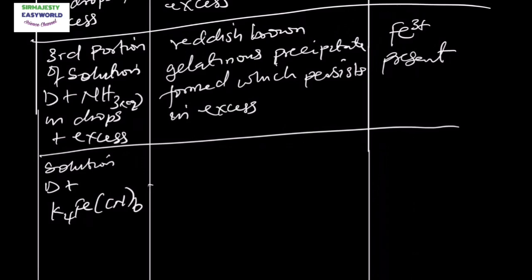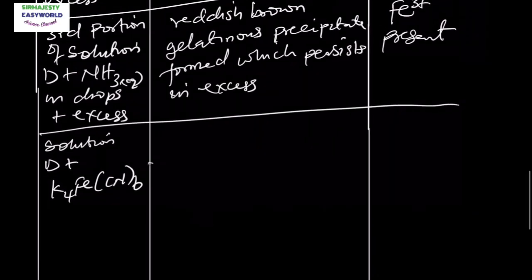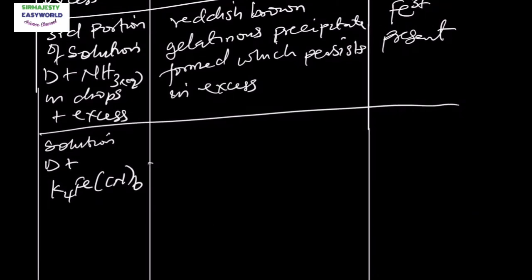I'm looking at it as if it's a mistake, but let's work with what they provided. This is K3. In practical, hexacyanoferrate 3 itself is yellow, while the iron 3 is brown or reddish brown, as you can see down the screen.